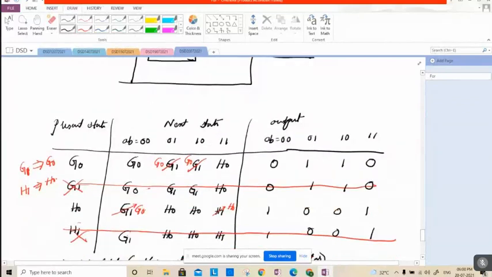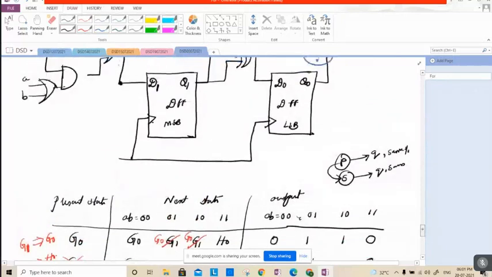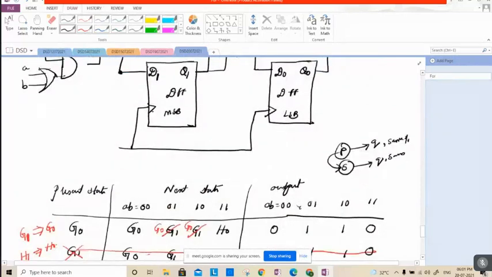For any two states, suppose P is one state and S is another state, if the next state for P is Q and for S is also Q, and the outputs are the same, then we can say that these two are redundant states. P and S are redundant states. We can eliminate one state and we can proceed our circuit with a single state. ఒక state ని eliminate చేయొచ్చు.